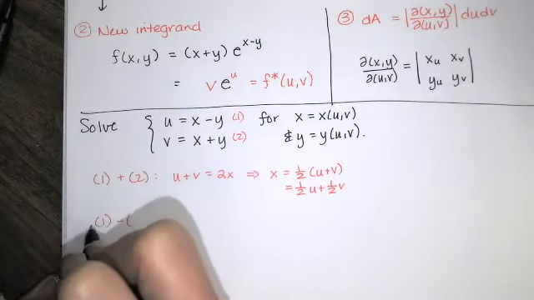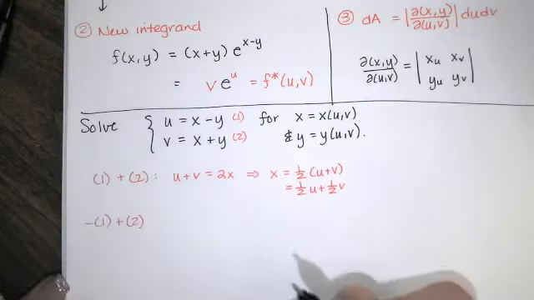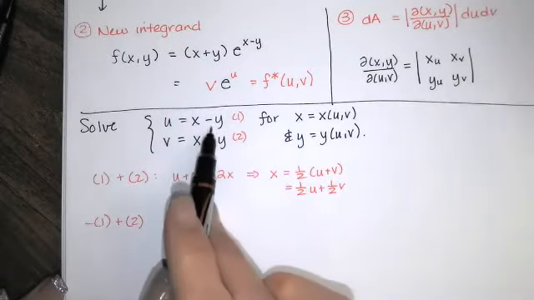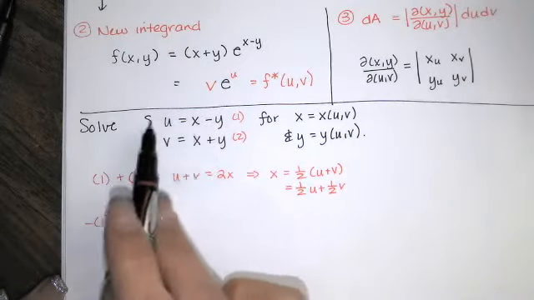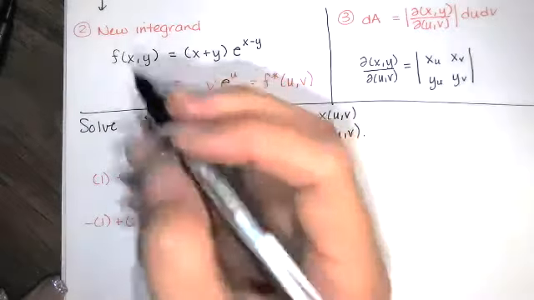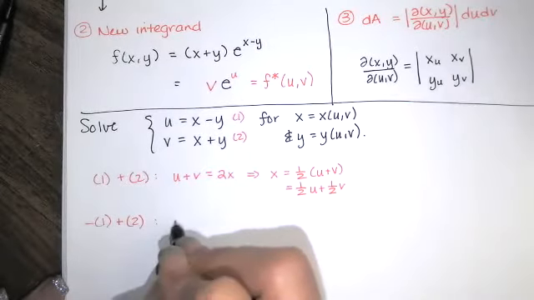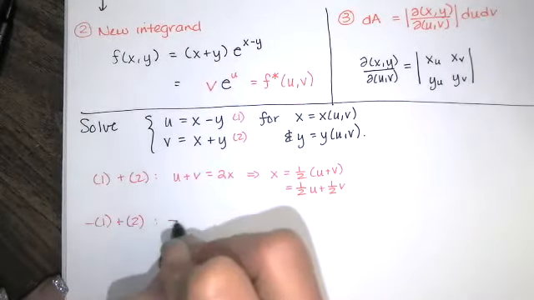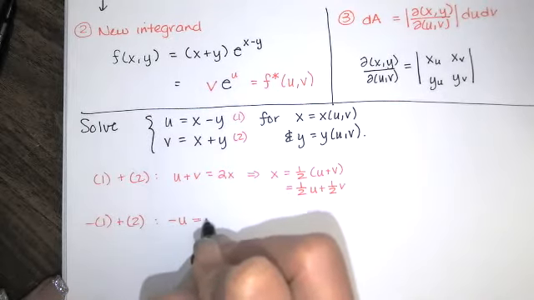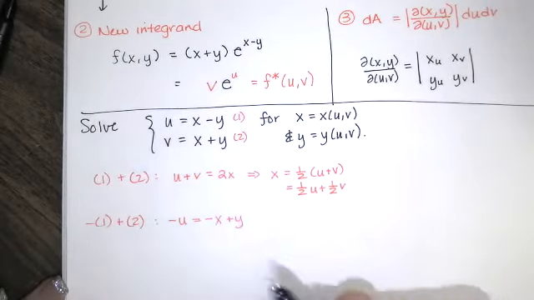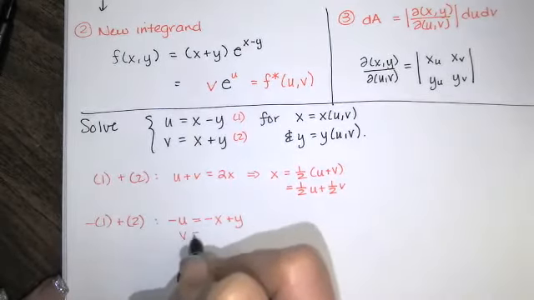And then to get y by itself, let's multiply this top equation by -1. So the top equation would become -u equals -x plus y. The bottom equation is still x plus y equals v.